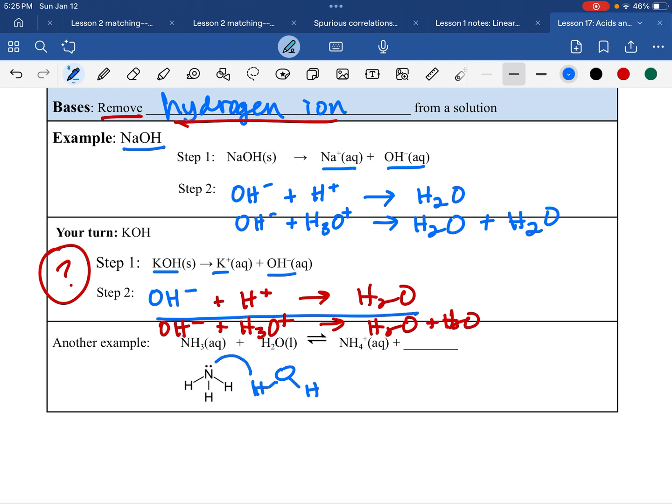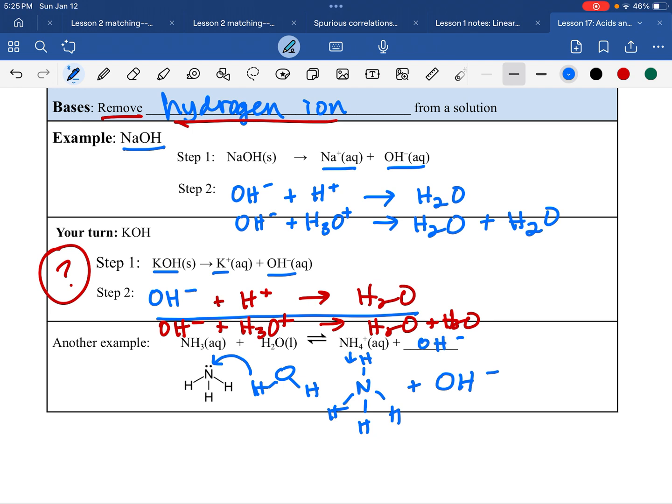And that hydrogen is going to be attracted and form a bond with that nitrogen. And then what we're going to get is NH4 plus. So we could draw that as NH4, right? And of course it leaves its electron behind with the hydroxide. So we could write that up here.